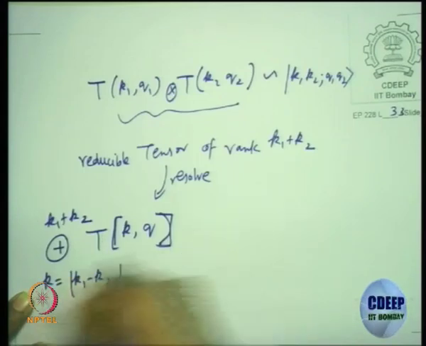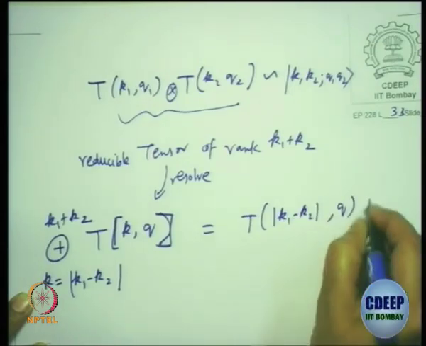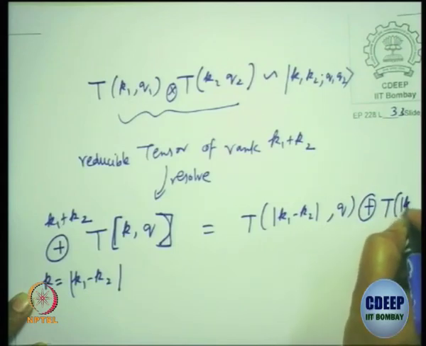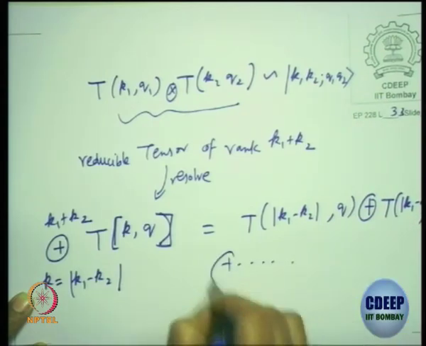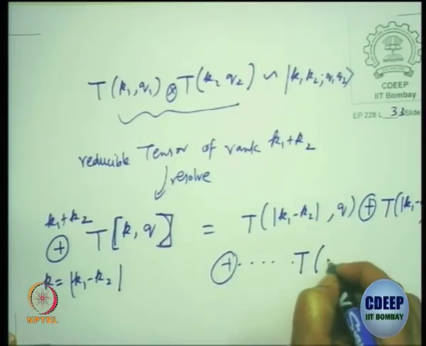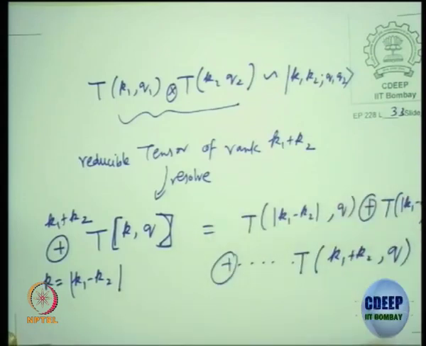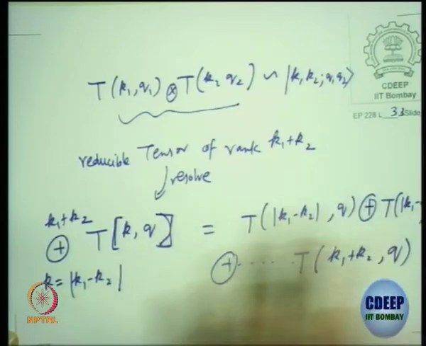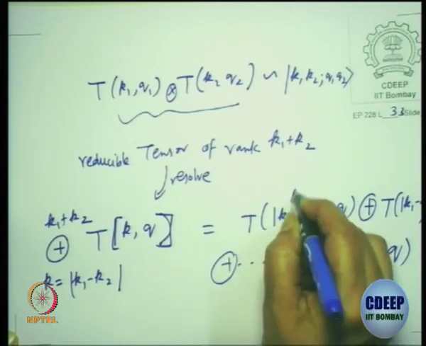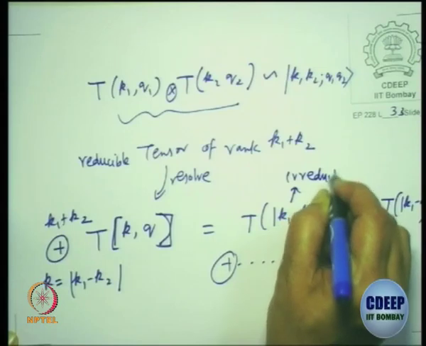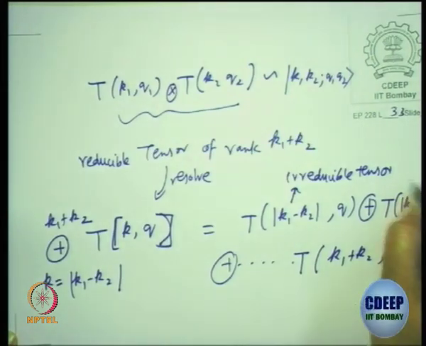So by this linear sum I mean T of mod of k1 minus k2, the corresponding q, take a sum with T of mod k1 minus k2 plus 1 comma q, and so on. Finally the last one will be k1 plus k2 comma q. This sum which I am writing is what we call a direct sum. Like this is a direct product, this is what we call a direct sum. Each of these are irreducible tensors, all of them separately.